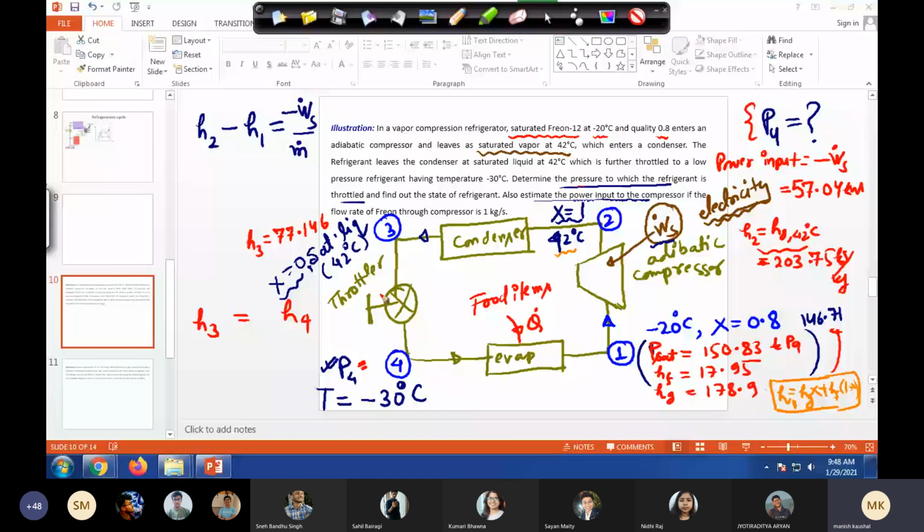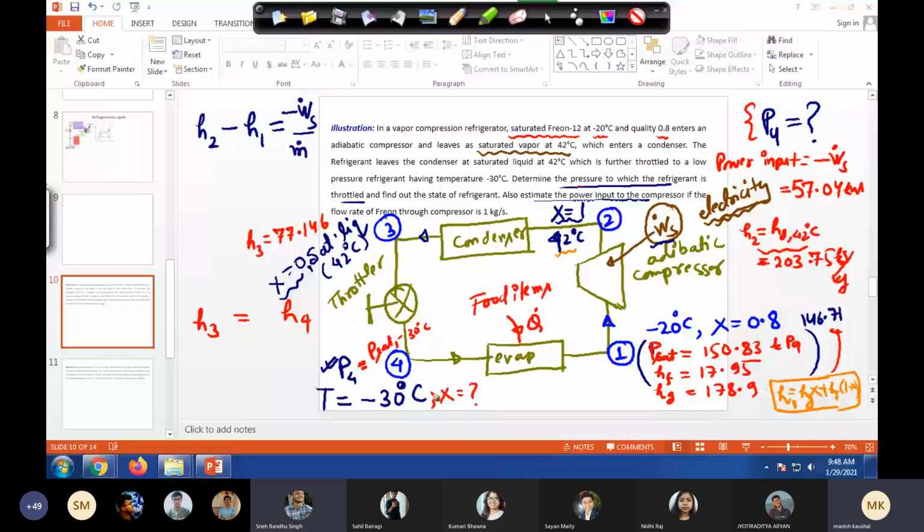So what is the pressure? This P4 is nothing but P sat at minus 30 degrees Celsius. That we have to check, and at that pressure you are throttling the gas. And one more question can be added: what will be X here?